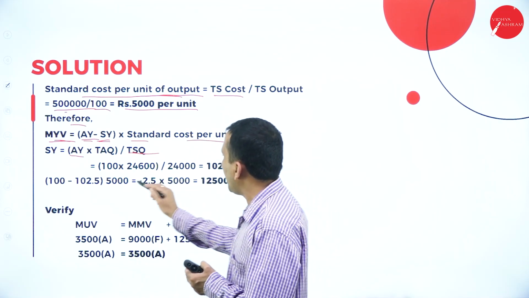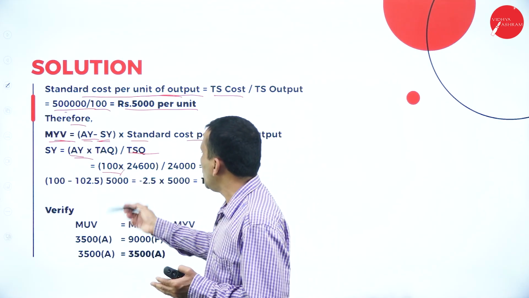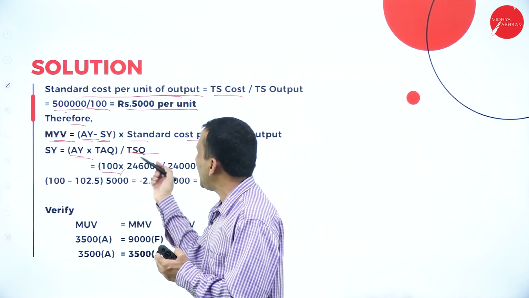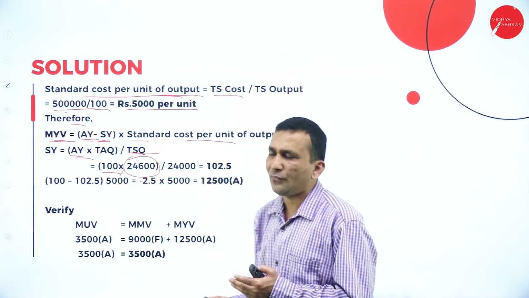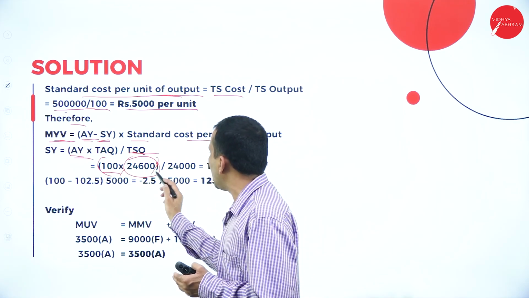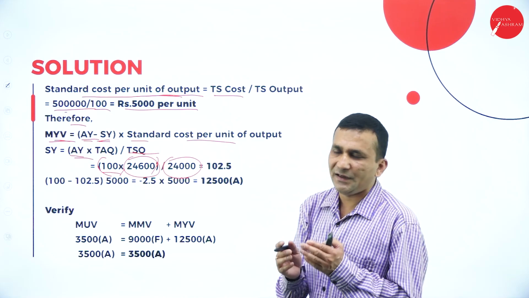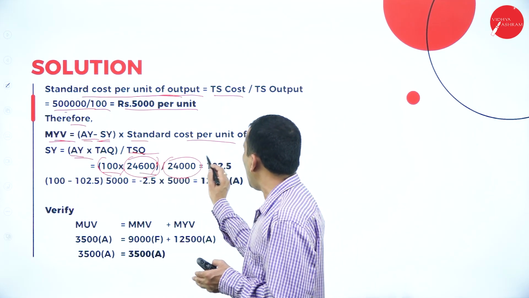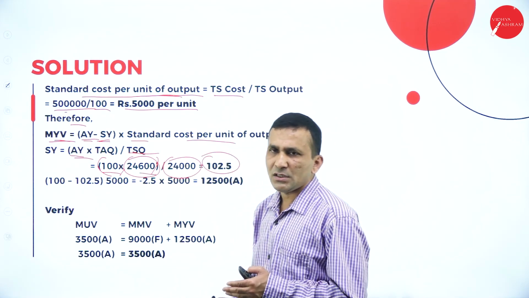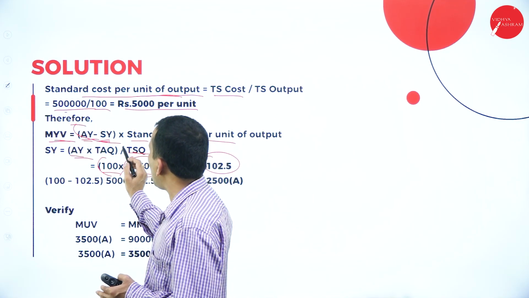So actual yield producing output is 100, into total actual quantity, with the help of tabular format, we got 24,600. So multiply together divided by total standard quantity 24,000, which is there in the tabular format. So if you divide, 102.5 we are getting.